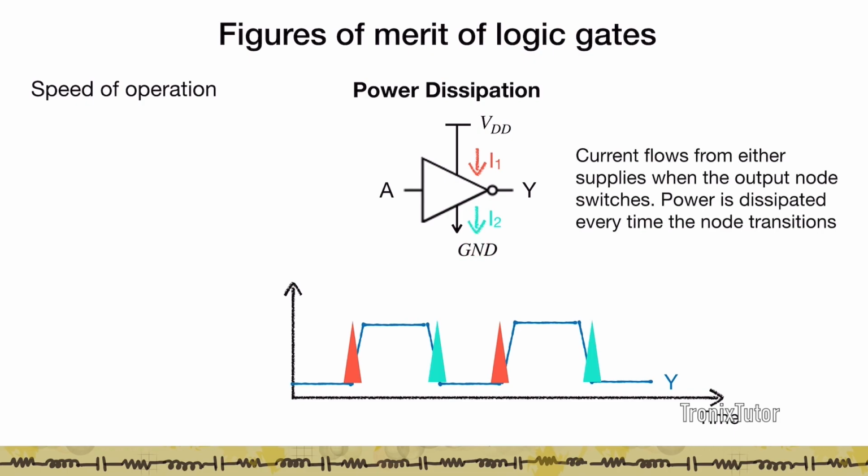So every time this node switches, current flows from VDD to ground, which means power is dissipated in the system. The more the gate transitions, the higher the power. So it becomes important to understand how these gates transition, how many times you want them to transition, and it also depends on how much current is being pulled by the gate as well as the supply voltage.